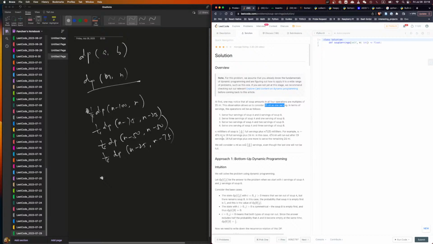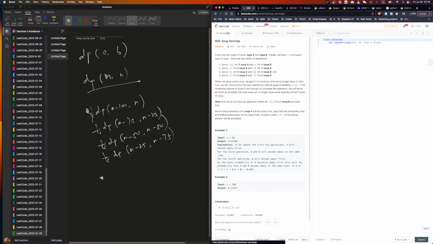After 19 servings, 18 full servings plus 1 more. Okay, let's stop here. Servings. Well, I didn't think about servings. But still, you take 25 and you have so many servings.